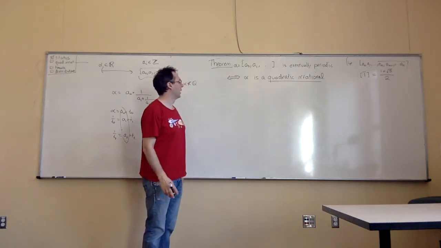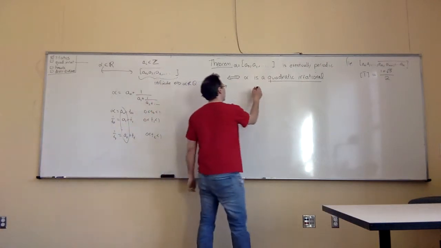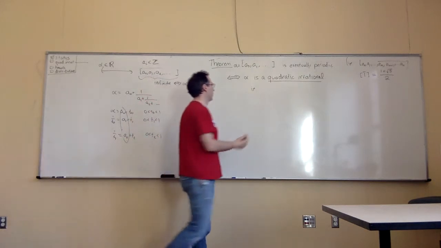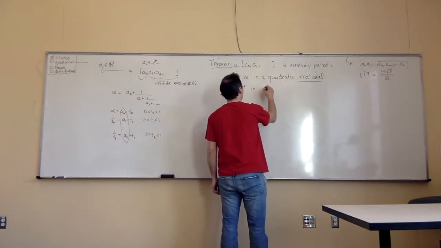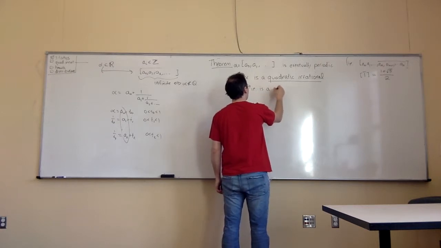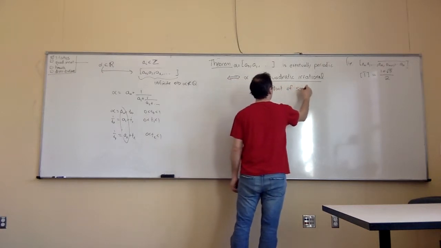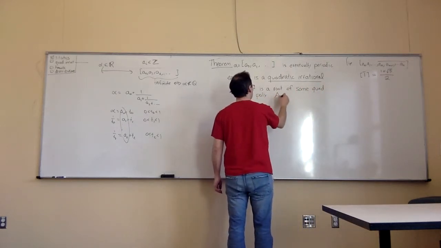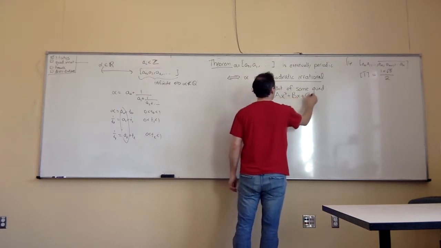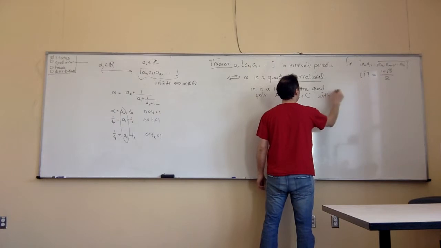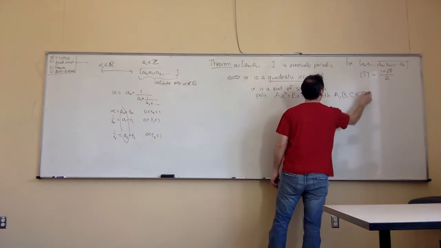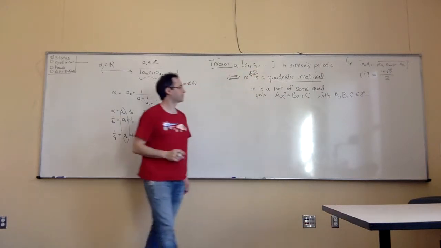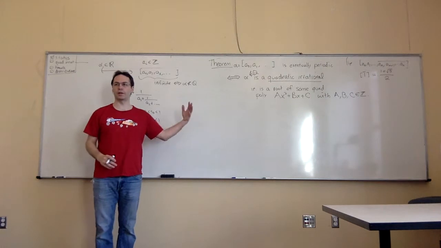What it means is that alpha is a root of some quadratic polynomial ax squared plus bx plus c with a, b, and c integers, and alpha is not in Q. So that's what a quadratic irrational is.